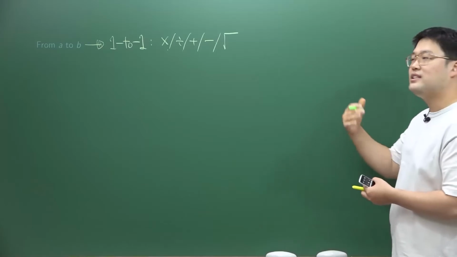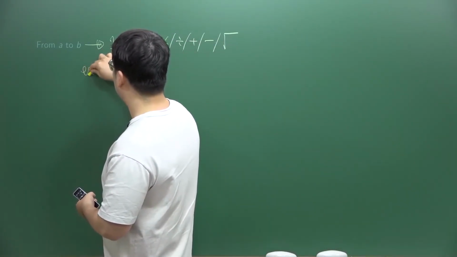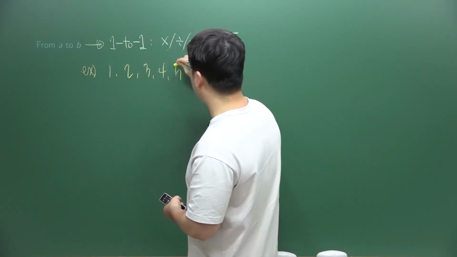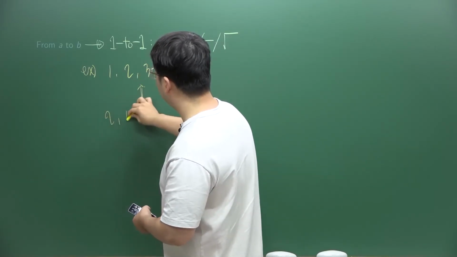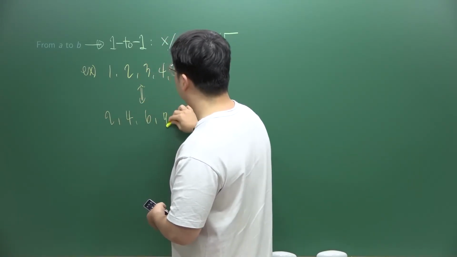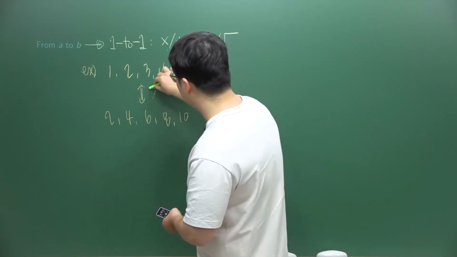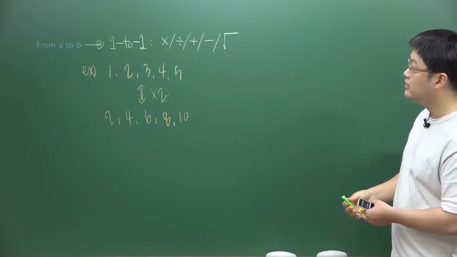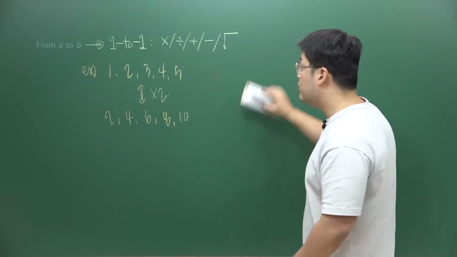So, as long as we have those rules, for instance, if I give you 1, 2, 3, 4, and 5, this has a one-to-one correspondence with 2, 4, 6, 8, and 10. Why? Because this is exactly the same as multiplying each number by 2. Does that make sense?